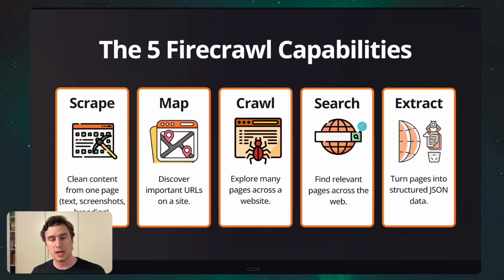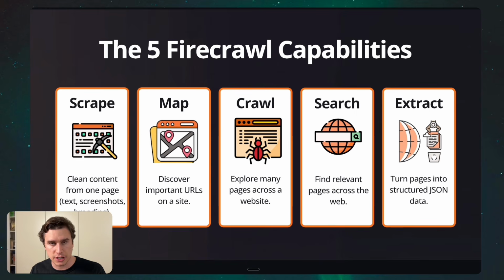It can search, meaning that we are able to search for relevant stuff within the page, to maybe enrich the data or to find specific information. And then we can extract, which basically means we take the website and extract it into a structured JSON format.